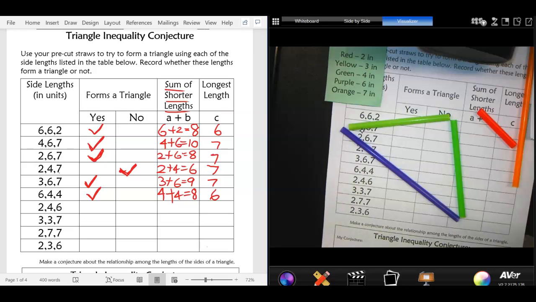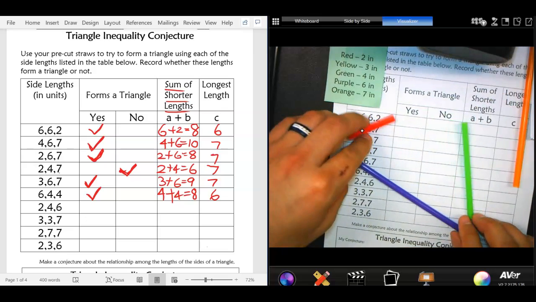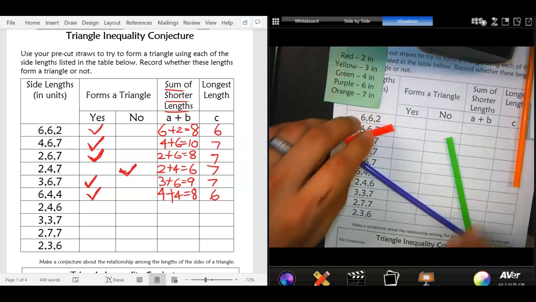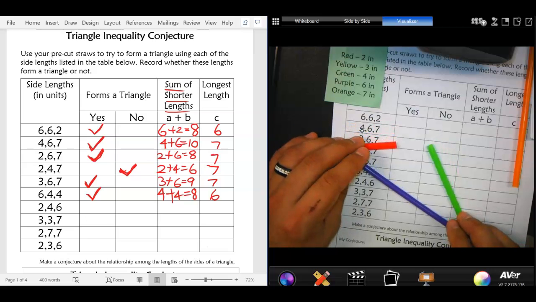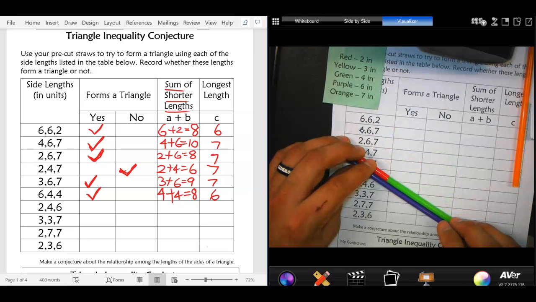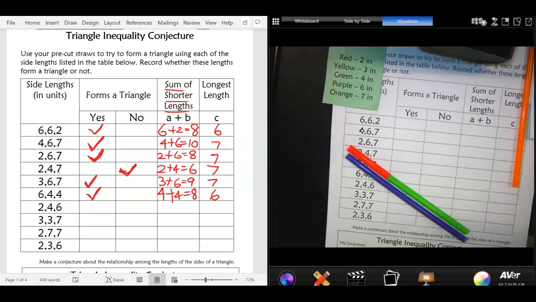Okay. All right, 2, 4, 6. That's going to be red, green, purple. Does it look like it's going to be a triangle? Okay, let's keep rotating it. If I rotate it all the way and put it flat, okay, they're completely flat.